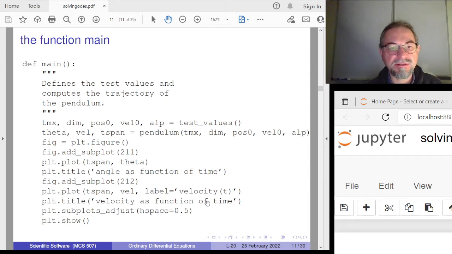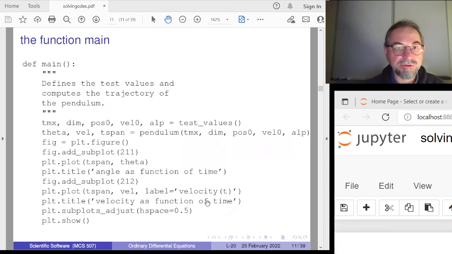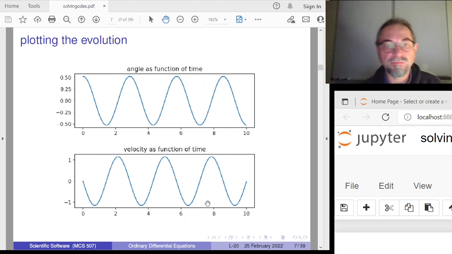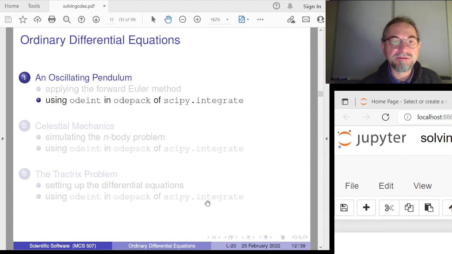In the second subplot we have the velocity. And that will give us the plot. Okay, so this worked. So this plot, which is what I was showing here earlier. So this works very well for, say, a simple model like the oscillating pendulum.